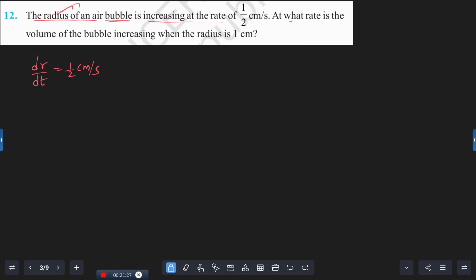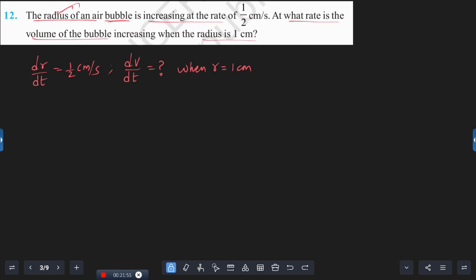Next, at what rate is the volume of the bubble increasing? The question is dV by dt equals question mark, when r equals 1 centimeter. Have you understood the question? What they have given, I wrote as it is.